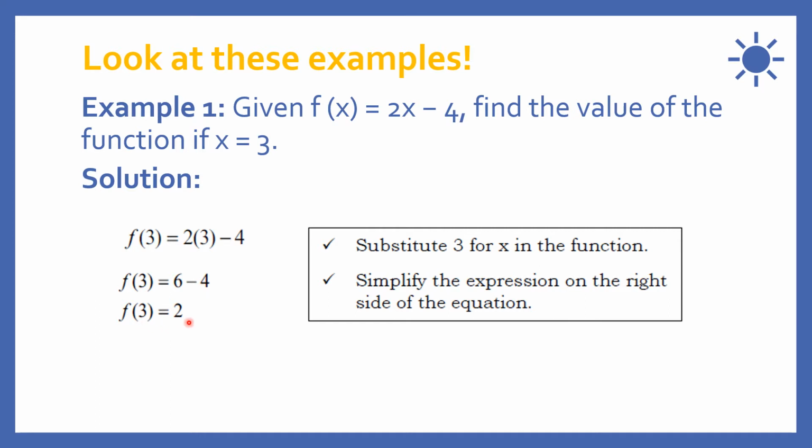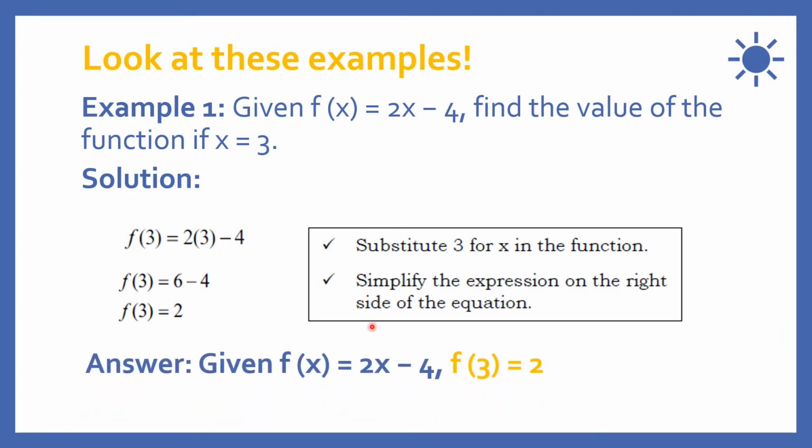F of 3 equals 2. Sabi dito, substitute 3 for x in the function and then simplify the expression on the right side of the equation. So, ang answer natin, given f of x equals 2x minus 4, f of 3 equals 2. Ang value ng y natin ay 2. Okay?